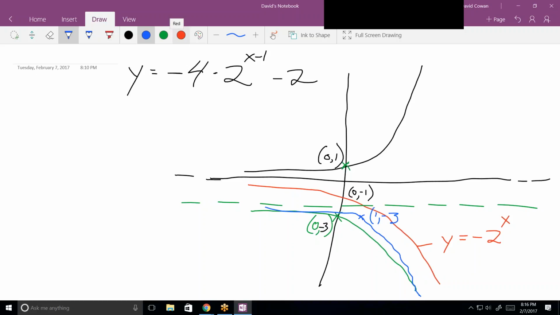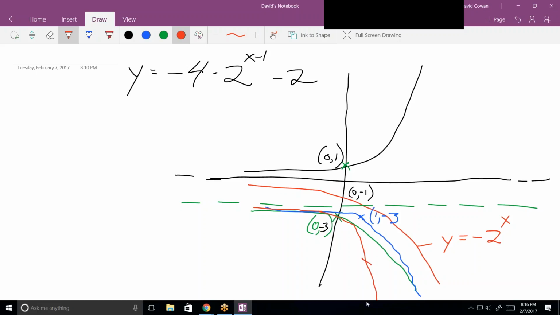Let me do this one in red also, but it still has the same horizontal asymptote. But now, instead of going through this point of 1 comma minus 3, you multiply the y component, or the y, by 4. So it now goes through 1 comma minus 12, like that.